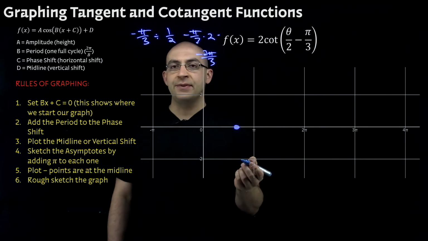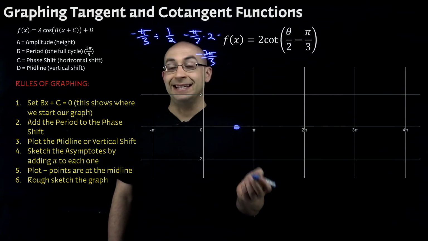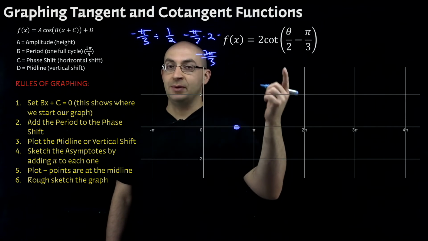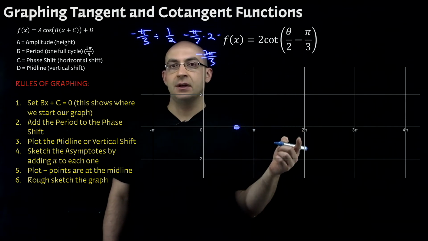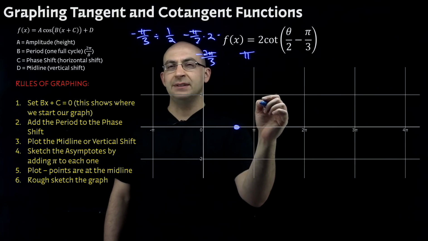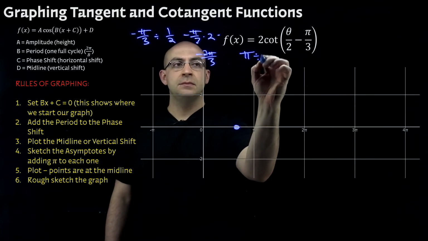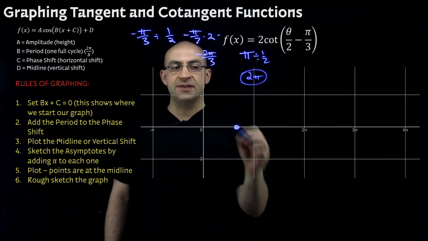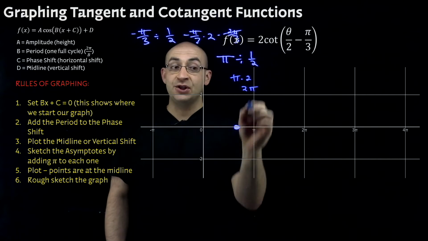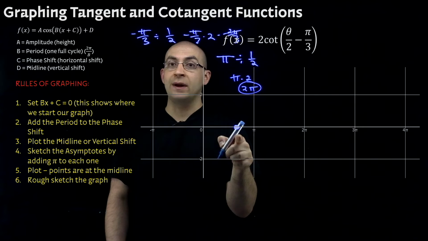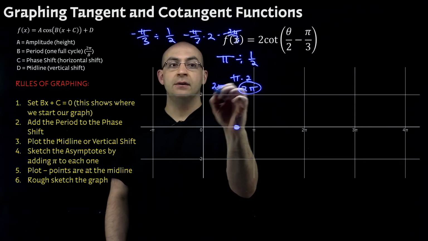Now, remember that the period normally for a cotangent is pi. So I need to figure out what the period is, and then I can add it to this. So if it's pi, I'm going to have to divide it by 1/2, or it's multiplied by 2, which means the period for this function is 2 pi. I'm going to add 2 pi, which is the full period for this function, to our point right here, which was 2 pi over 3.